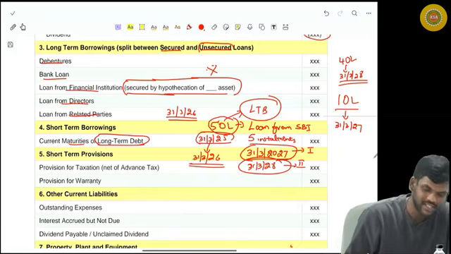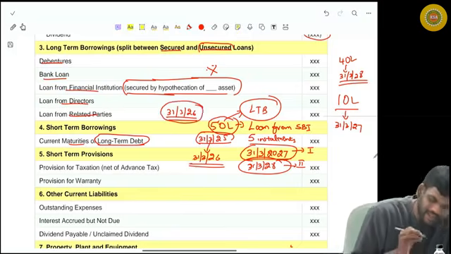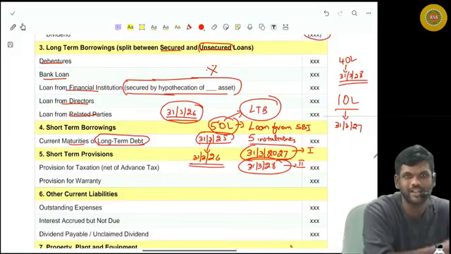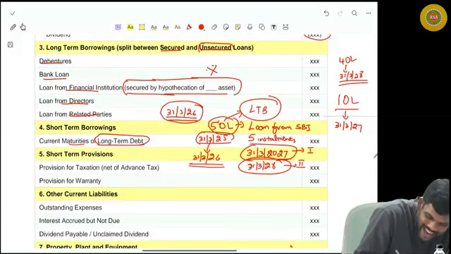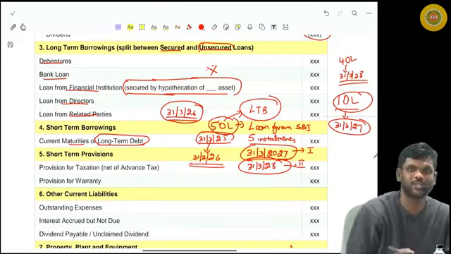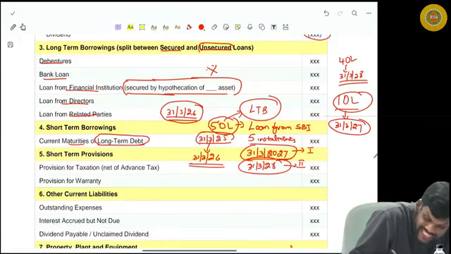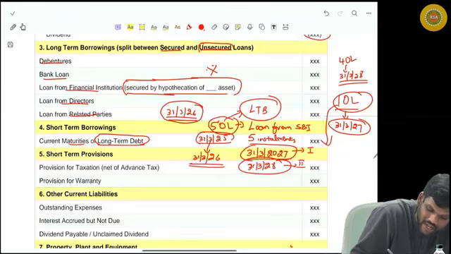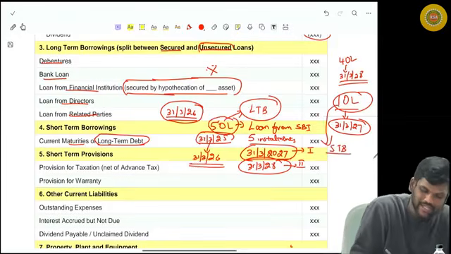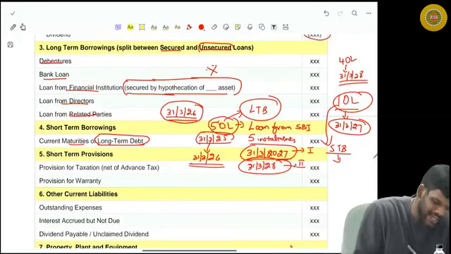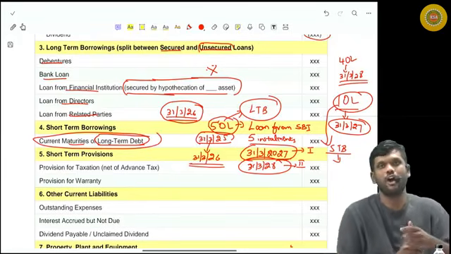So what happens when you are preparing the 31st March 26 balance sheet? 10 lakhs is payable within 12 months, which is 31st March 27. So in the 31st March 26 balance sheet, this 10 lakhs will be shown under short-term borrowings, and we will call it current maturity of long-term debt.